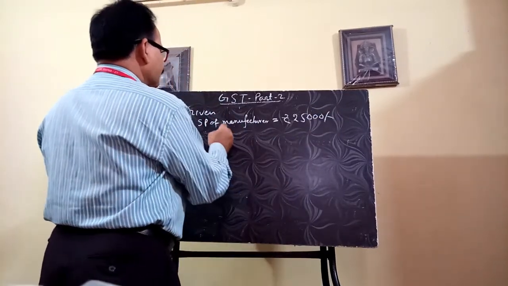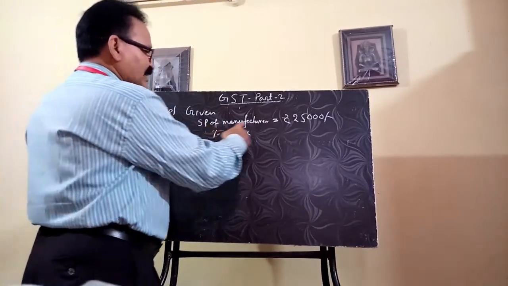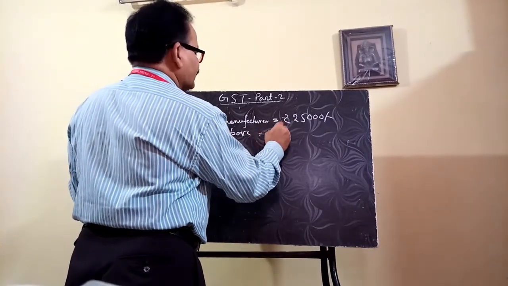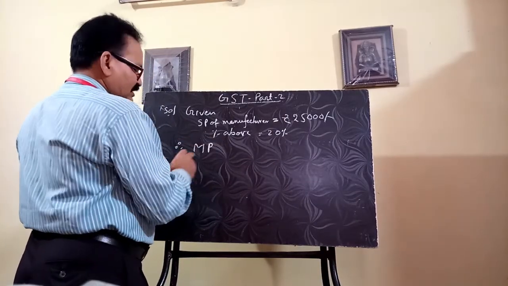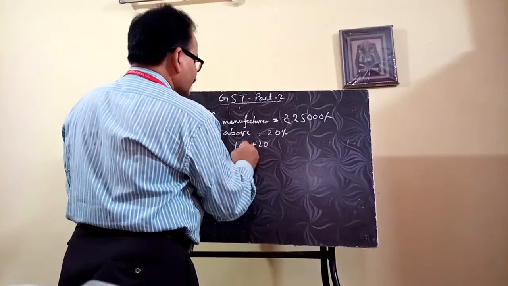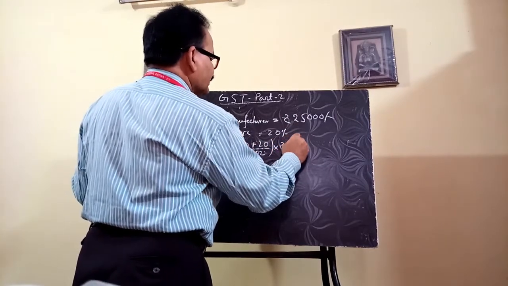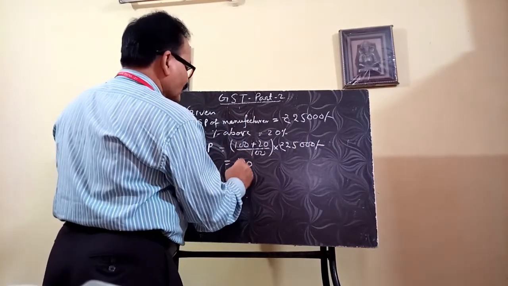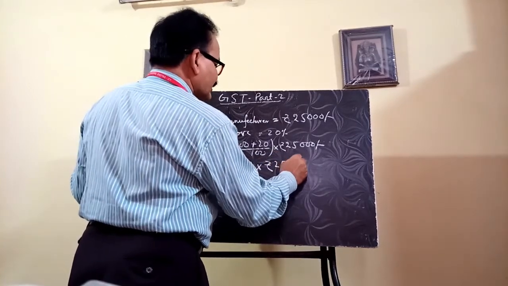And the percentage above is 20%. Therefore, the mark price, MP, will be (100 plus 20) by 100 into rupees 25,000. Clear? So this is 120 by 100 into rupees 25,000.